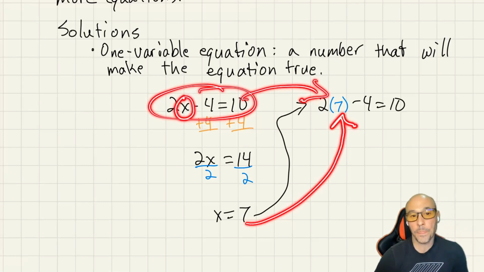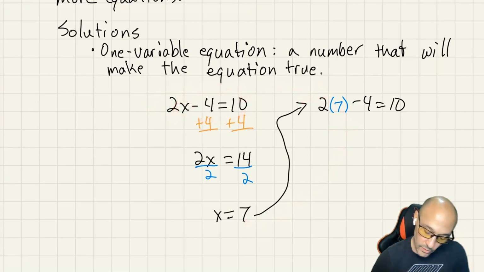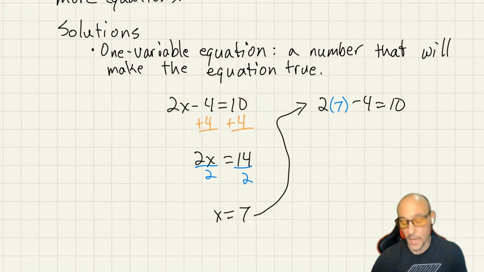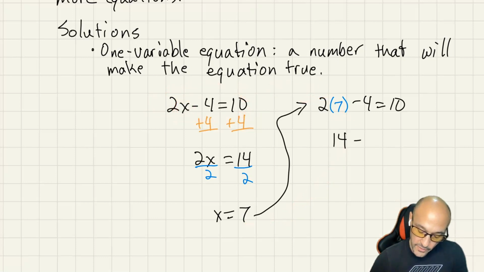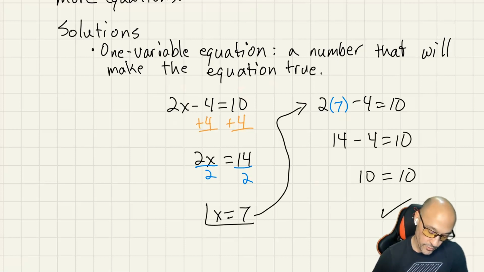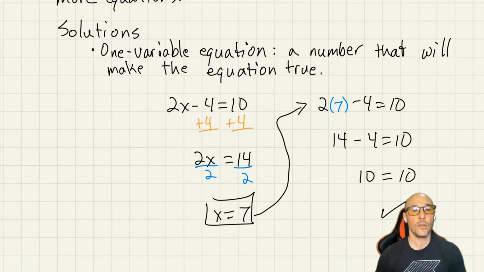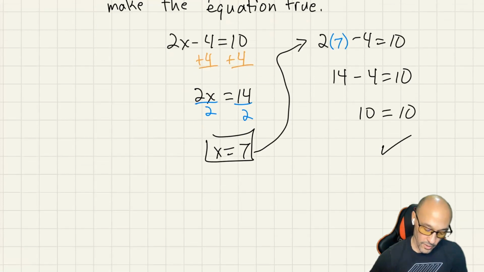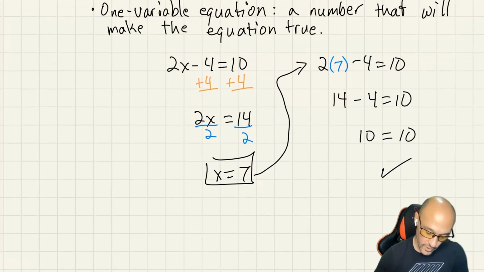Because we use PEMDAS, 2 times 7 is 14, minus 4 equals 10. 14 minus 4 is 10. 10 equals 10. Yes, that's true. This is a good solution to the equation. It made the equation true.